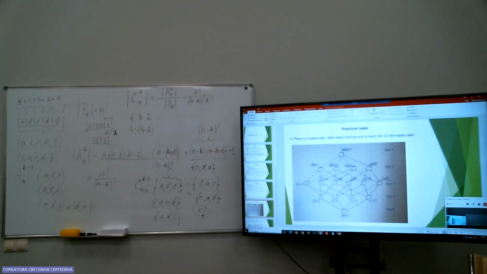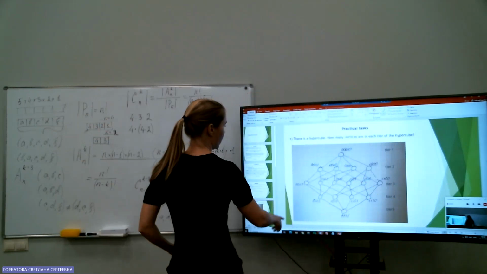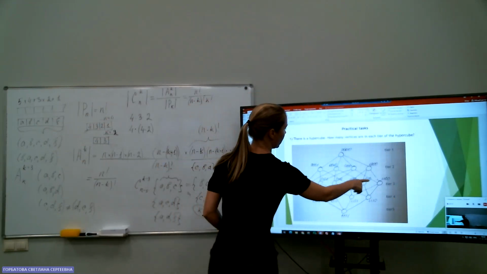So I hope that you remember about the hypercube. You can count the number of vertices in each level. Yes, how many vertices will be here?